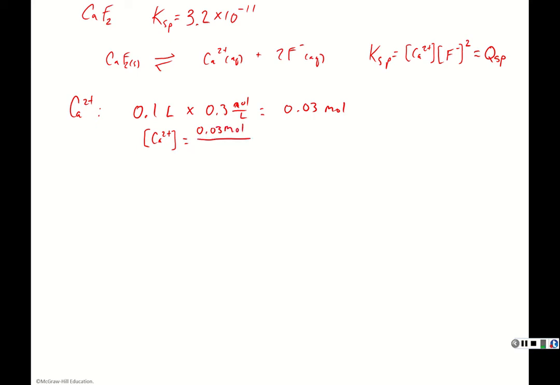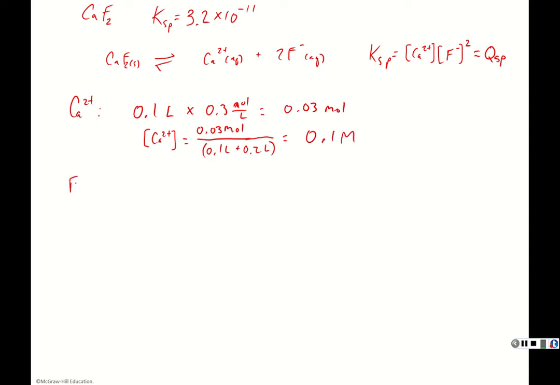So we had 0.1 liters of calcium, 0.2 liters of the sodium fluoride. That'd give us a total of 0.3 liters in volume at the end after we mix these. So our final concentration would be 0.1 molar.